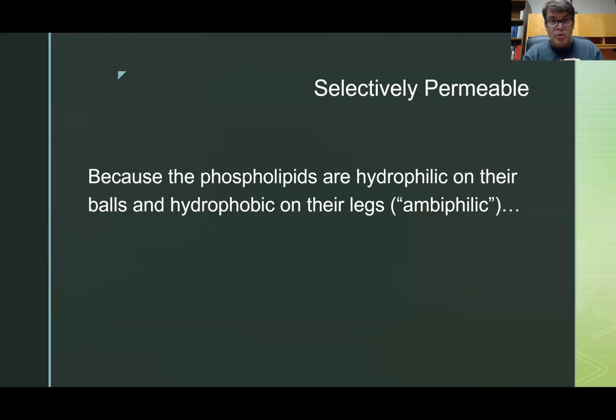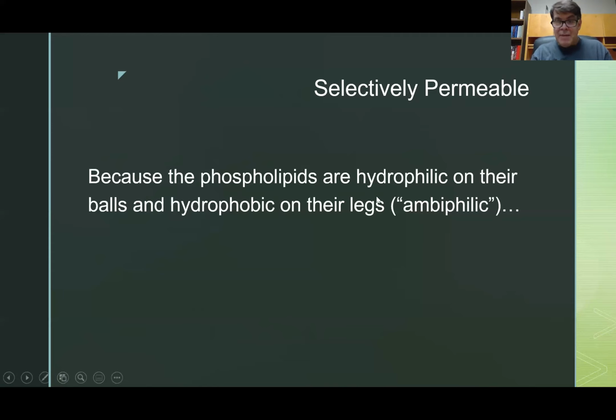They are nonpolar. So the phospholipids facilitate nonpolar things getting through, because that whole middle part with the legs, legs on legs, is nonpolar. Nonpolar stuff can get through, but polar stuff can't. The reason that the cell membrane is selectively permeable is because you have that nonpolar middle part of the lasagna.